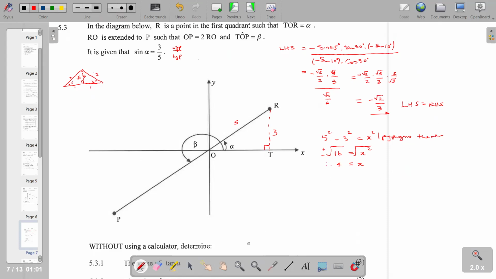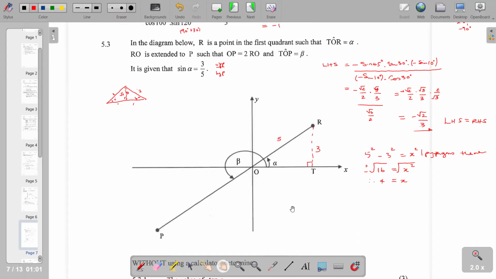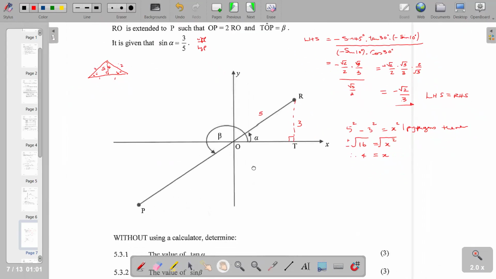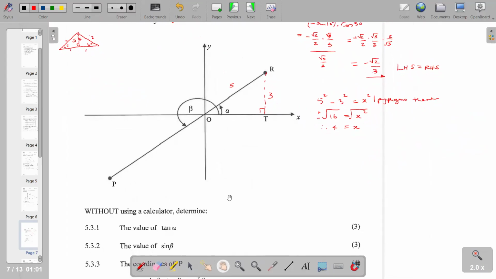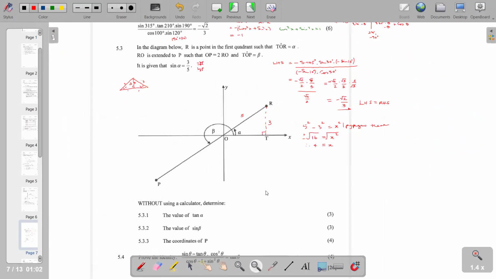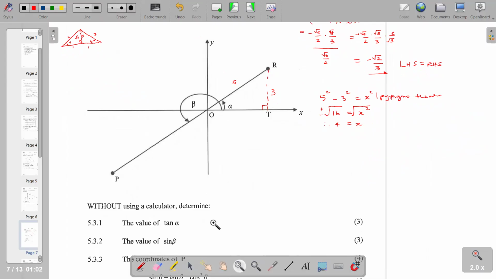Then let's go. What are they saying now? First part is saying without using a calculator, find the value of tan alpha.